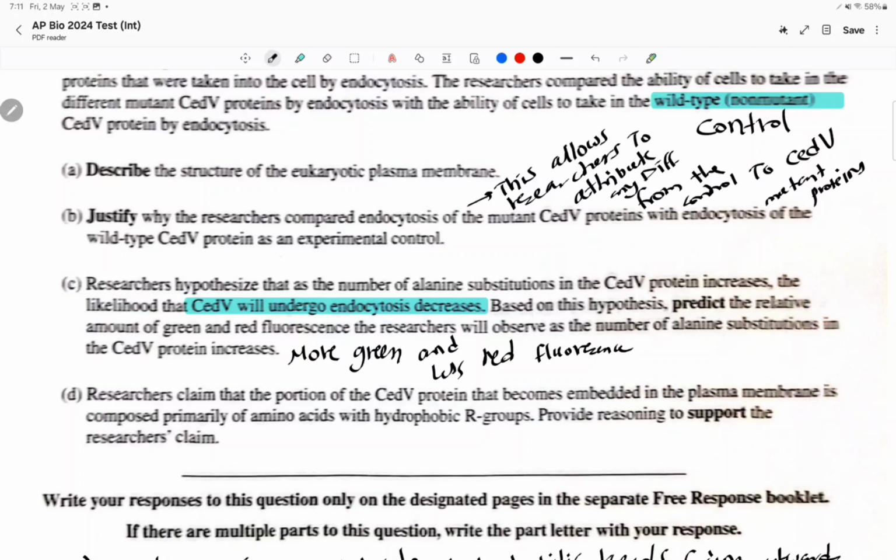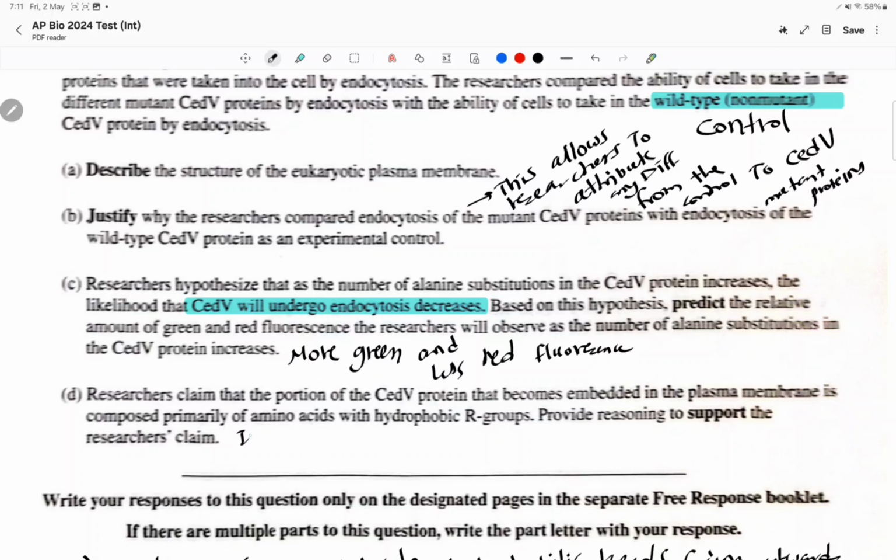Okay, D. Researchers claim that the portion of the SETV protein that becomes embedded in the plasma membrane is composed primarily of amino acids with hydrophobic R groups. Provide reasoning to support the researchers' claim. The interior of the plasma membrane is hydrophilic or hydrophobic? Made of what? Made of fatty acid tails.